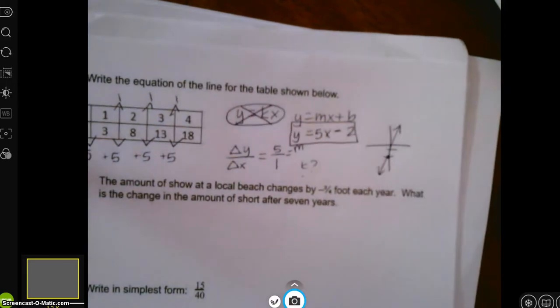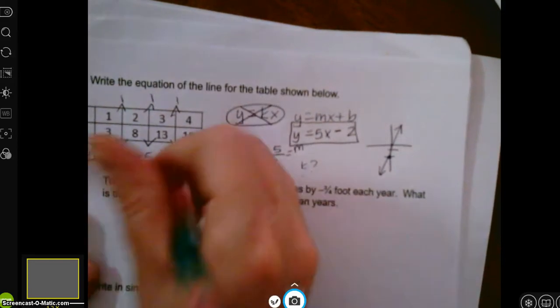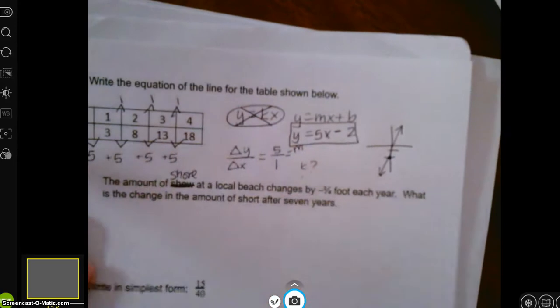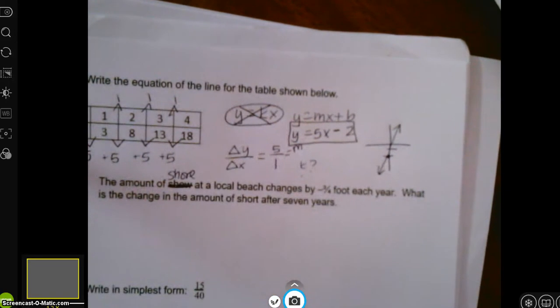Okay. Number 7 says the amount of shore, I have to fix this too, the amount of shore at a local beach changed by negative 3/4 foot each year. So when it says the amount of shore, I'm thinking like the sand on the beach.